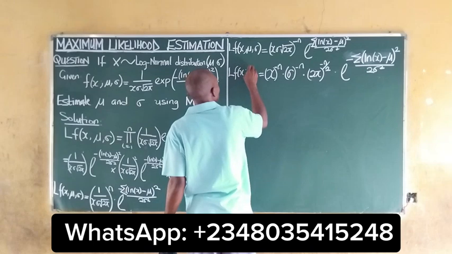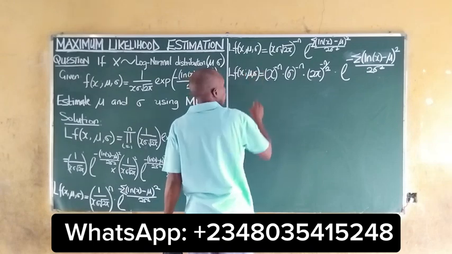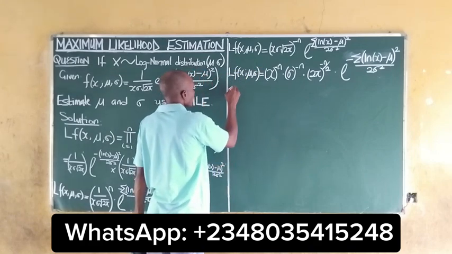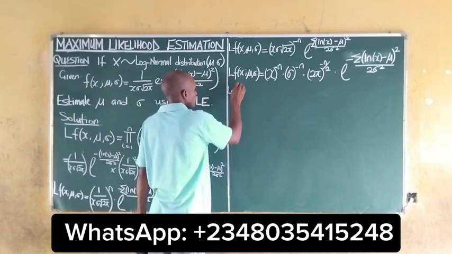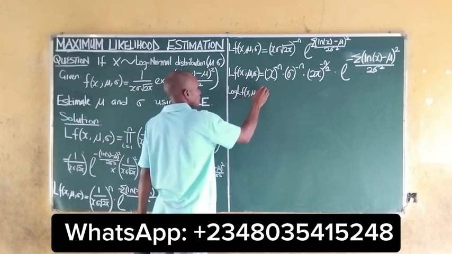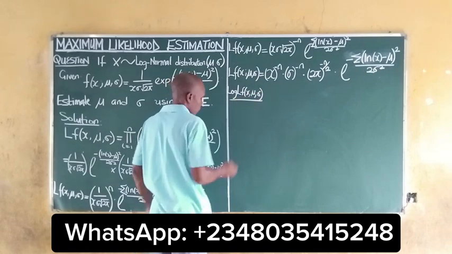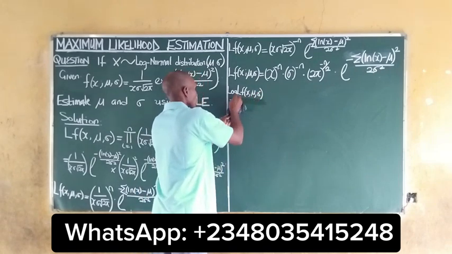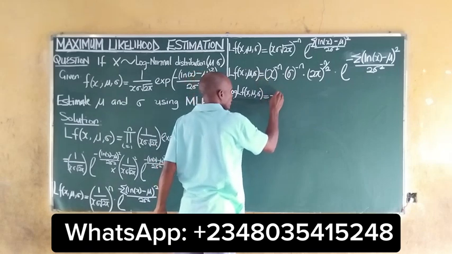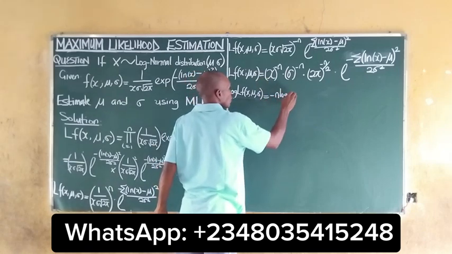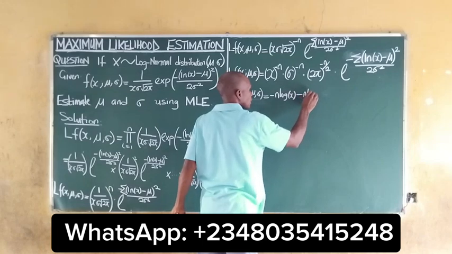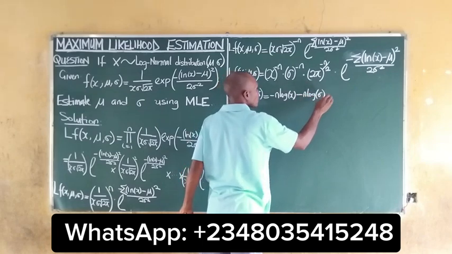The next thing to do for the maximum likelihood estimation is to take the log. If we take the log, we will get the log likelihood function of x, mu, sigma. To take the log of this function, n will come over here to give us negative n log x. Because of this negative sign, we'll have negative n log sigma.